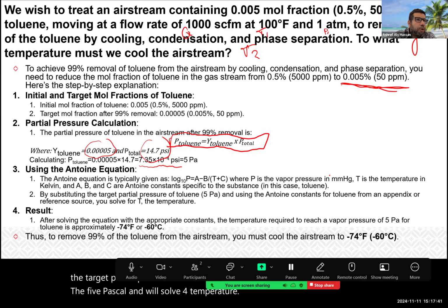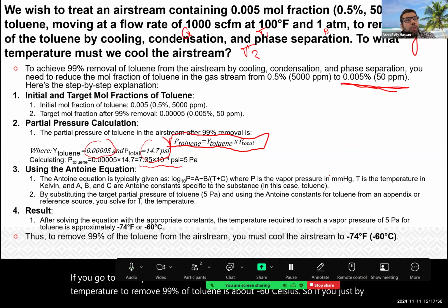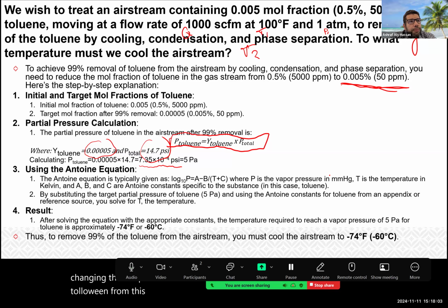If you go through this equation, you will get that the required temperature to remove 99% of toluene is about minus 60 Celsius. So just by changing the temperature to minus 60 Celsius, you are removing 99% of the toluene from this airstream, which is really amazing. If you think about it, you can just clean up by changing the temperature.